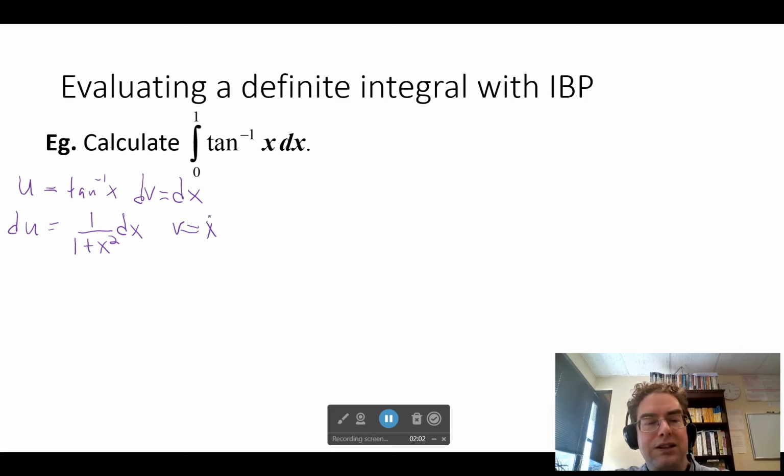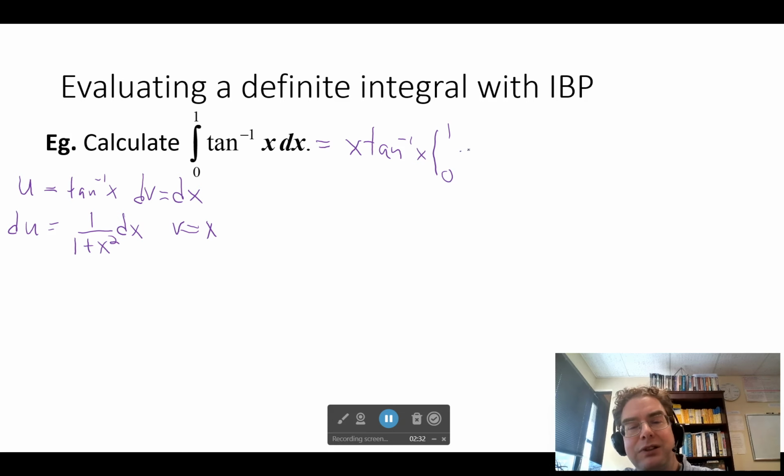Okay, so let's apply the integration by parts formula and rewrite our integral. So uv, I'm going to put the x first, x tangent inverse of x. And now remember, the new key to applying integration by parts to definite integrals, beyond what we already had as keys, is remembering to evaluate that first term at the limits of integration.